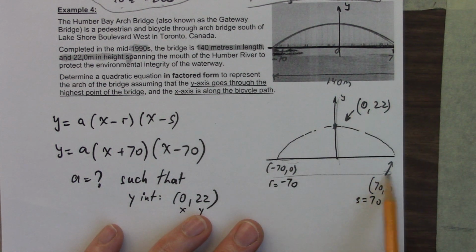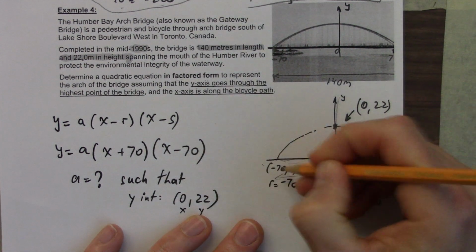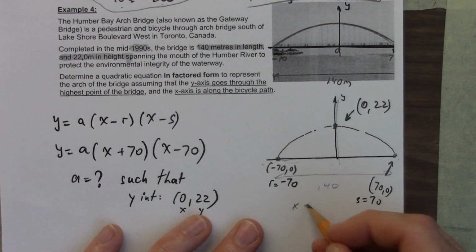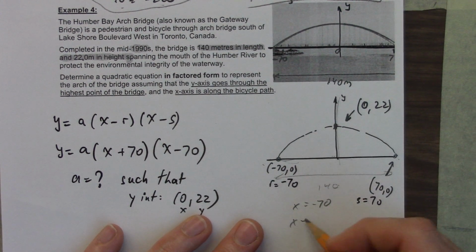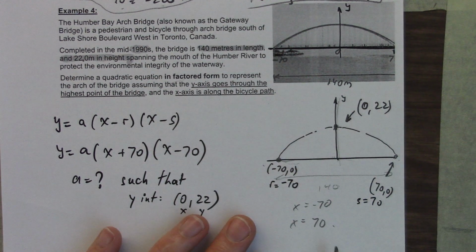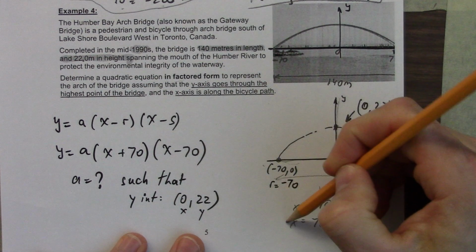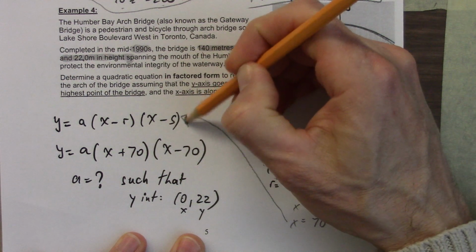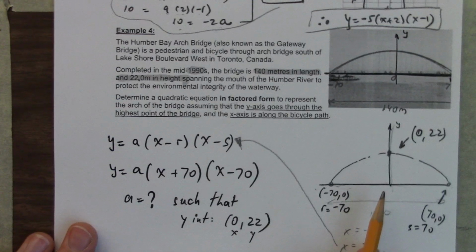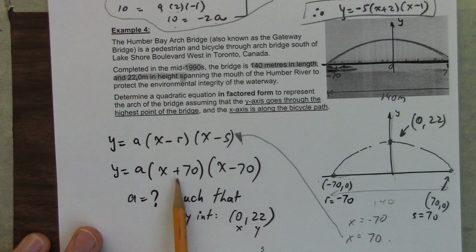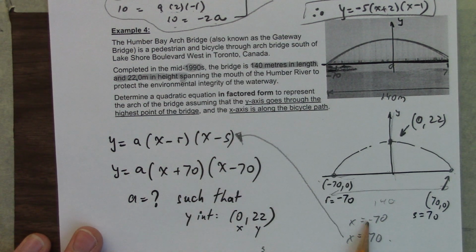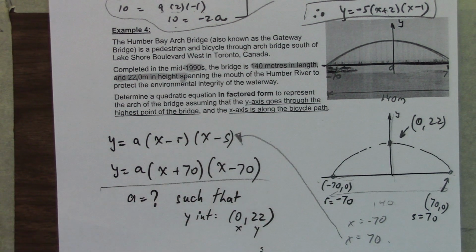So we know 70 to the right and negative 70 to the left. Those then would be our zeros: x equals negative 70 and x equals 70. We can then plug those values into the formula for factored form, and we get x plus 70, x minus 70. Any questions up until here?